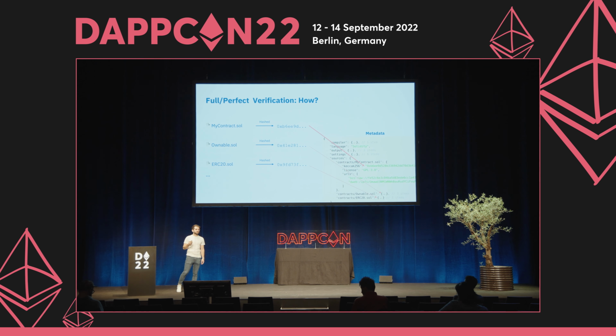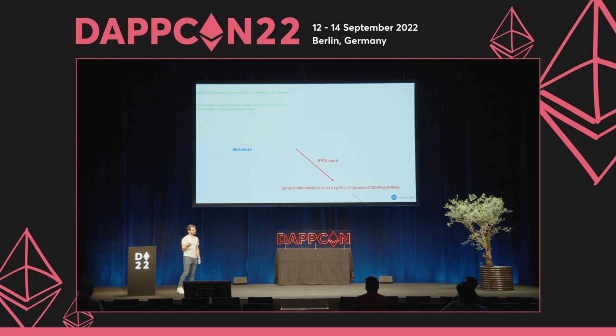So let's see what happens when we tweak a little, when we make a little change in the contracts or in the compilation settings, or in this case, the contracts. So let's say I added a line of comment in my code, and now I have my contract diff. Now the hash changes. Obviously, the hash of the metadata will change. Then this hash will change.